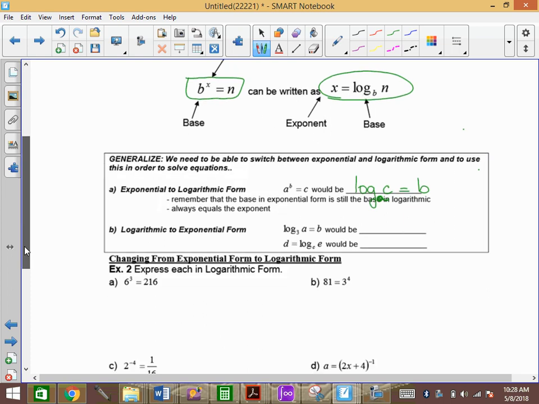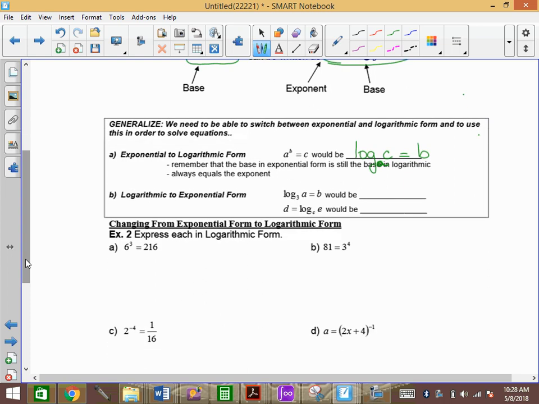So converting the other way, we have logs. We need to convert to exponential. So the base of my log becomes the base of my exponent. Right? What's with it right now? An a. So are we going to put the exponent as an a? No, we're going to put the exponent as b, and then we're going to set it equal to a.